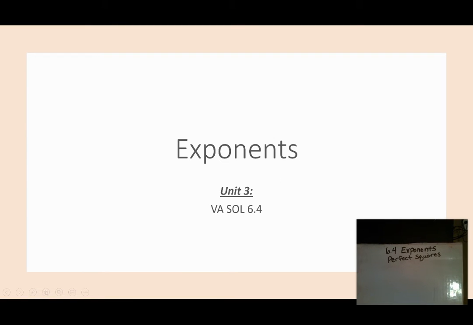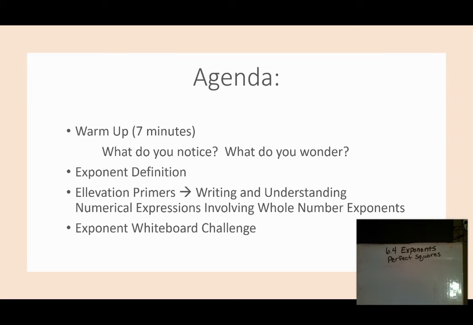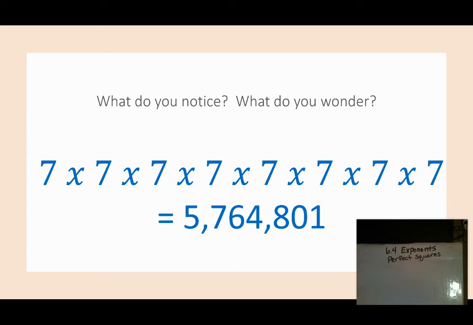All right, let's go to our slides here. So in our exponents unit, I might break this up into 2 videos because exponents is a pretty big topic. So we're going to be writing things in exponential form.